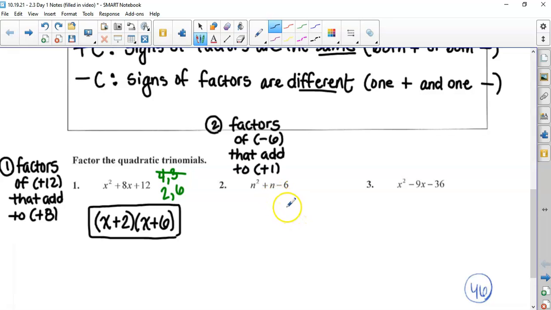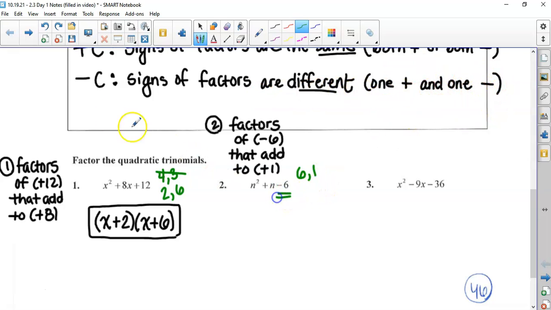I would first just have a conversation in your head about what multiplies to get you 6. So I could be working on 6 and 1, right? 6 times 1, that is 6. Notice this is negative. So when C is negative, to multiply to a negative, 1 has to be positive and 1 has to be negative, right?